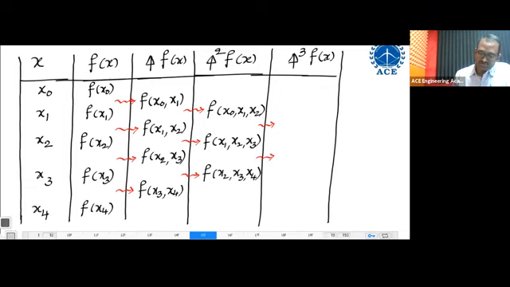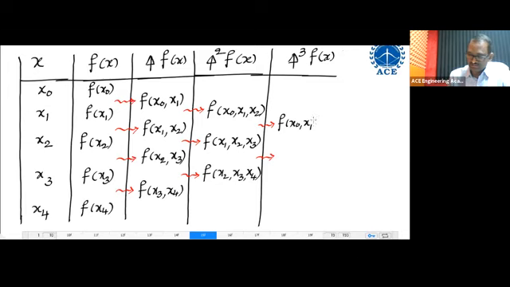Between f of x0, x1, x2 and x1, x2, x3, it should be written as f of x0, x1, x2, x3.